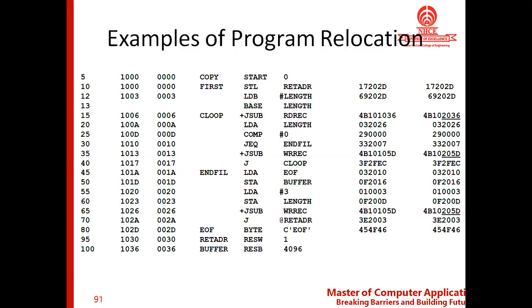In the object code 4B101036, 01036 is the field where you are supposed to do the modification. There are 5 digits, and each takes 4 bits. 4 bits is nothing but a half byte. That is why we say 5 half bytes.